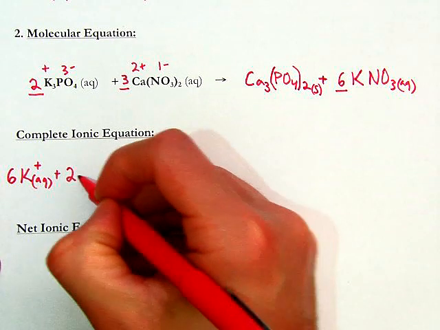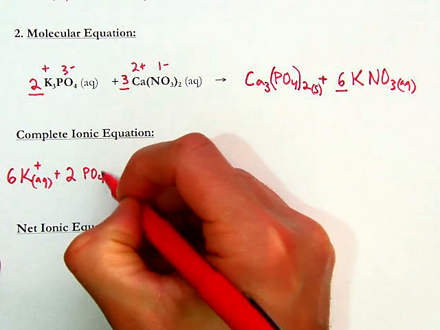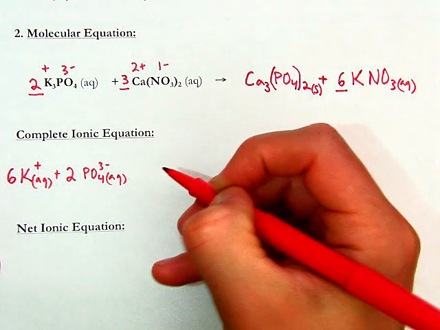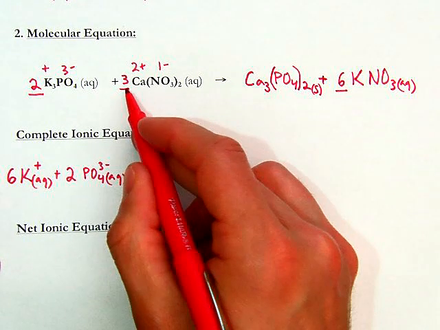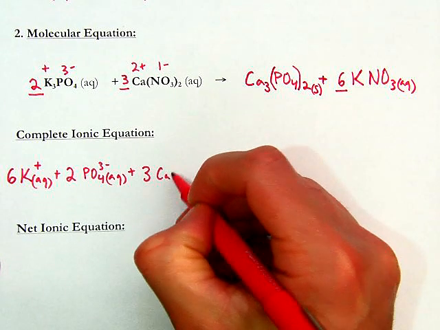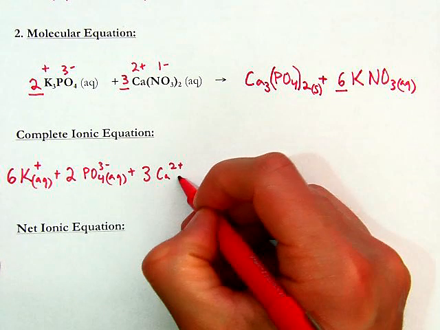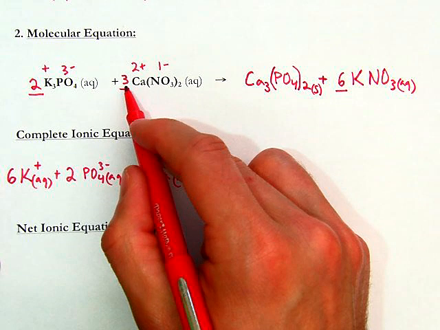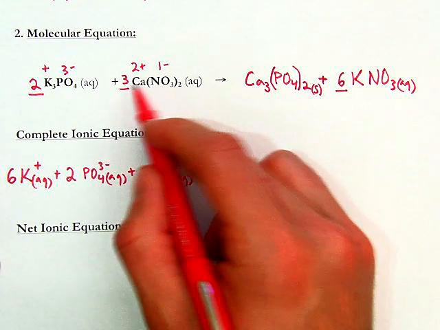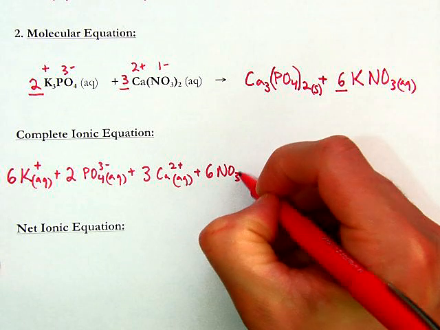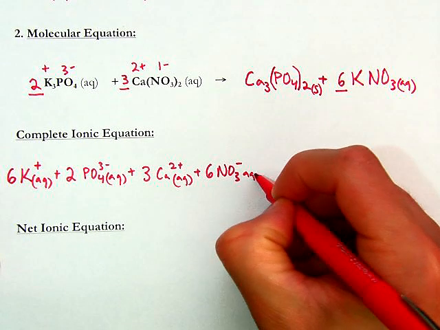So a coefficient of 2, PO4, has a charge of negative 3, AQ. Plus, I have 3 calciums, so 3 Ca, which have a positive 2 charge, AQ. And I have 3 times 2, which is again 6 nitrates, 6 NO3s, which have a negative charge, AQ.